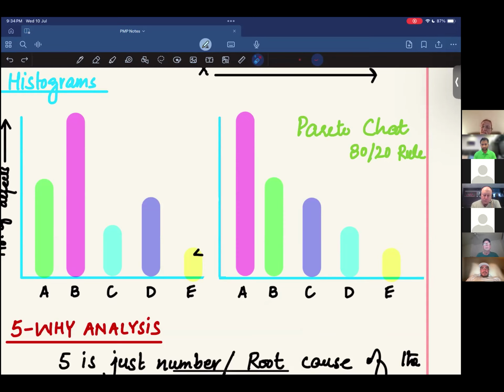What I was saying is, will a Pareto chart help in understanding the RCA, root cause analysis? Because I know 80% of the problem is occurring from 20% of something, like in this case, it is A. So we will know that it is happening because of this. So would that also help in doing the root cause analysis?